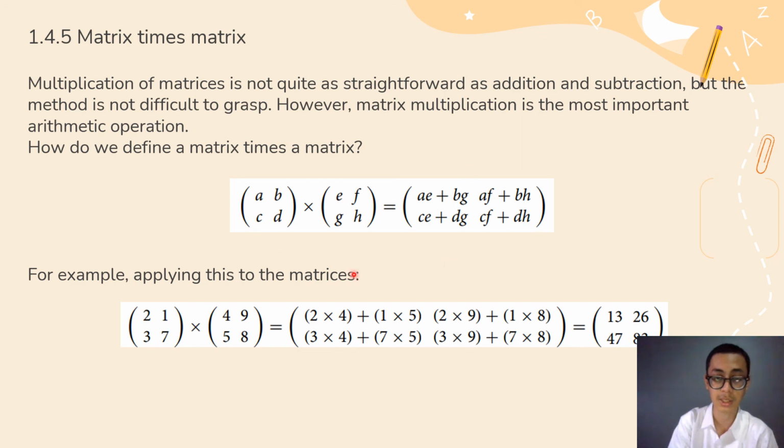This is the example. A with E, B with G, C with E, D with G, and so on. For example, applying this to the matrices, this is the final result.